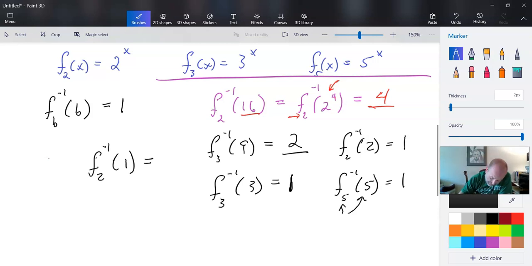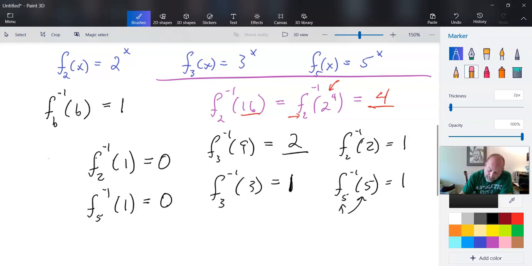Well, 2 to the 0 power is 1. If I have inverse base 5 and I plug in a 1, well, 5 to what power gives me 1? Well, 5 to the 0 gives me 1, because anything to the 0 power is 1. So if I'm plugging 1s into these inverses, it doesn't matter what the bases are, I always get 0.